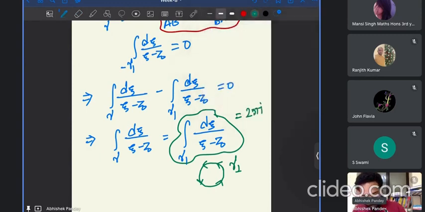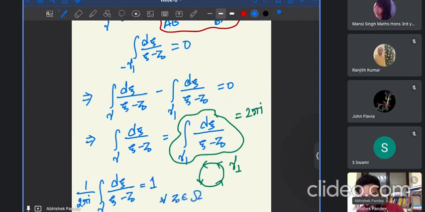Therefore what we have proved is that 1 upon 2 pi i times the integral over gamma d xi upon xi minus z naught is actually 1 for every z naught belonging to this omega.